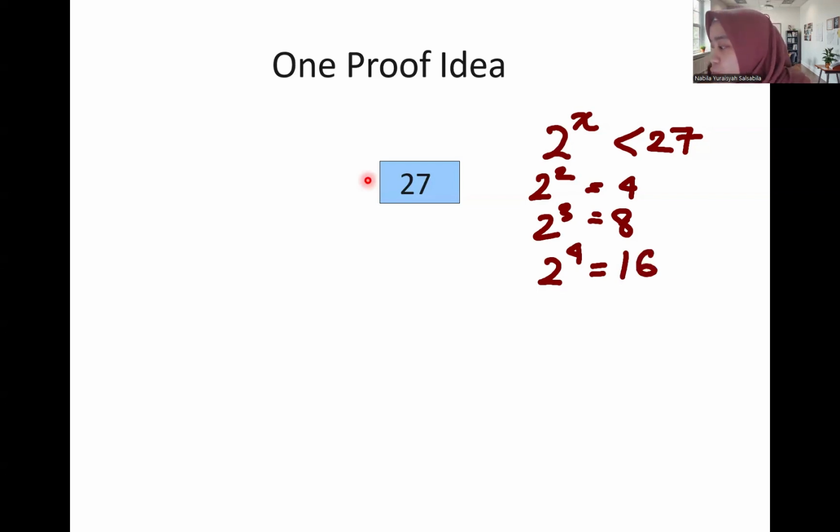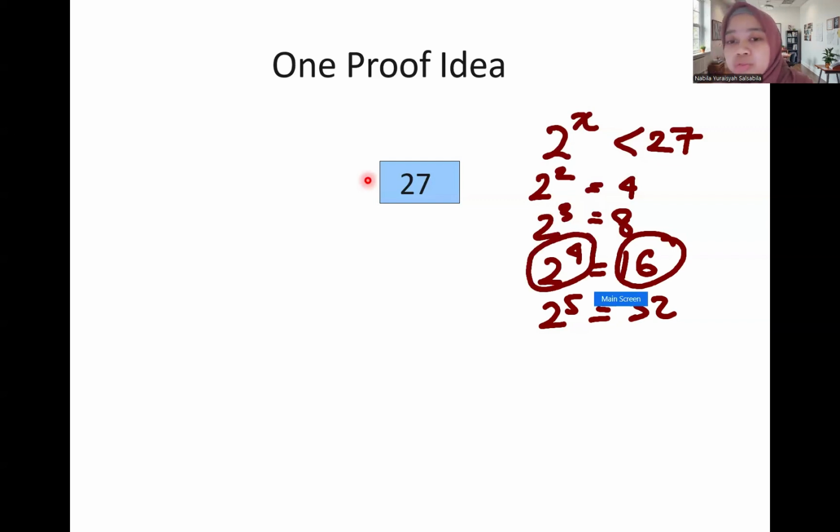How about 2 to the power of 5? 32. Here, it is no longer less than 27. So the largest one will be 16, which is 2 to the power of 4.